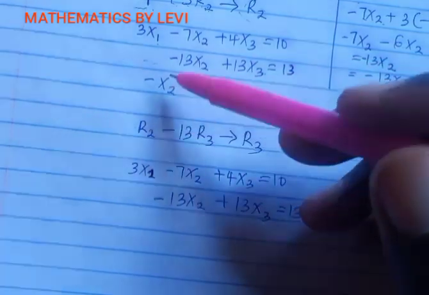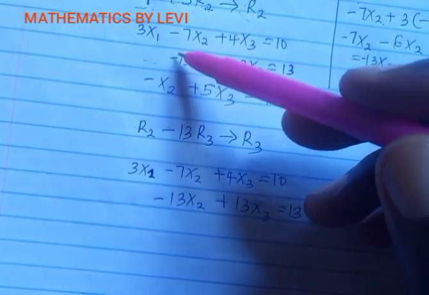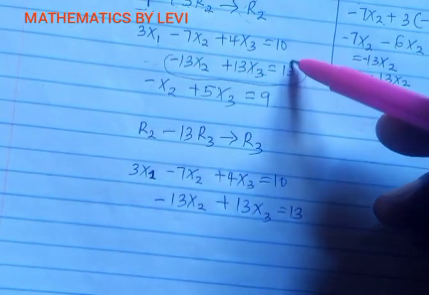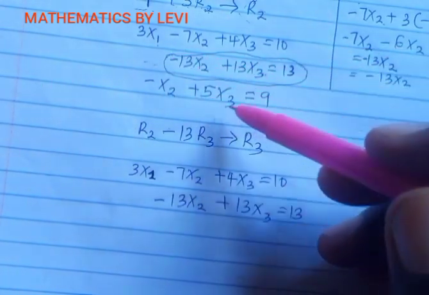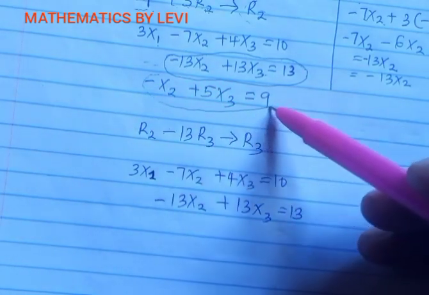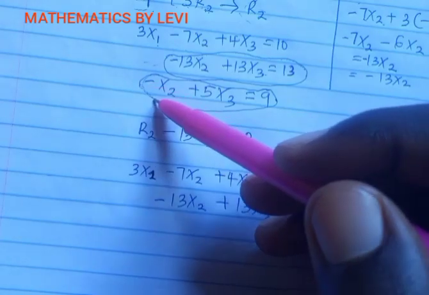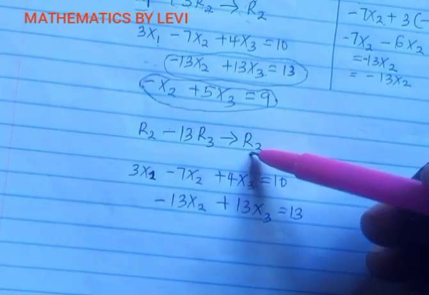This is our R2, and this is our R3 that we are also considering, so that we obtain our new row 3.